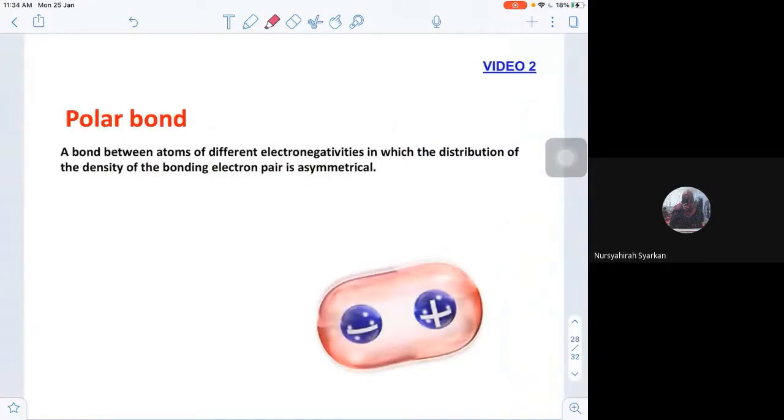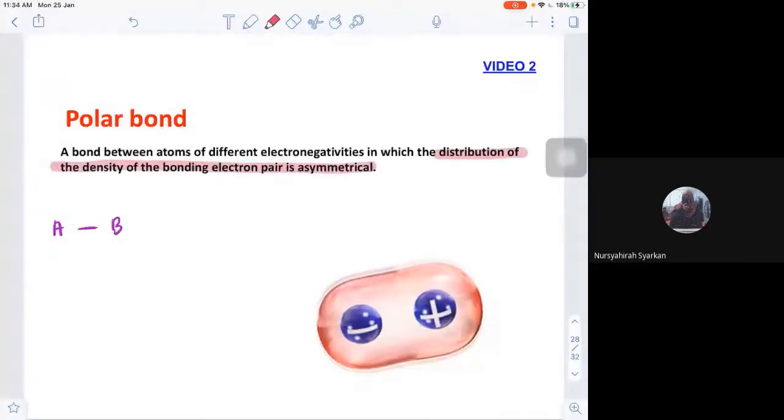A polar bond is defined as the bond that is made between two atoms that have a difference in their electronegativity. If we have a bond between two atoms, A forming a bond with B, and A has a different EN value, as what we have calculated just now, the distribution of the density of the bonding electron pairs is asymmetrical.